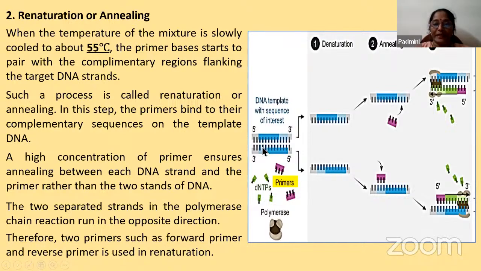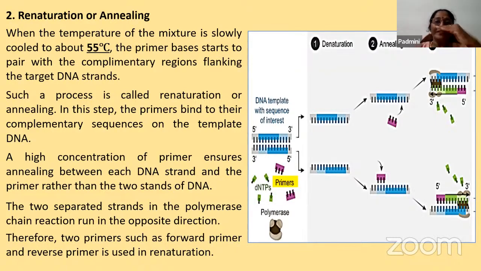You have separated this DNA into 2 strands. Now this is the template strand. Once this has been separated, you're going to decrease the temperature. It needs to be decreased to 55 degrees centigrade. From 95 degrees, you have decreased it to 55 degrees centigrade.